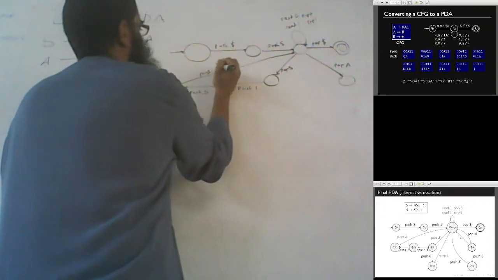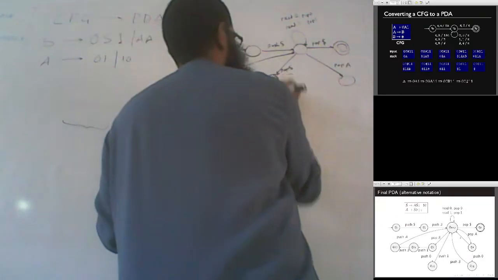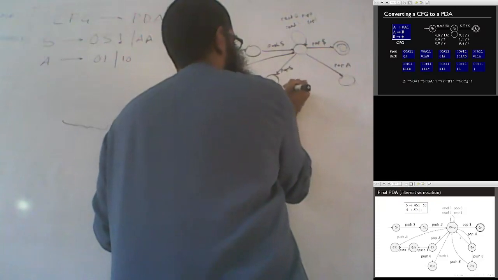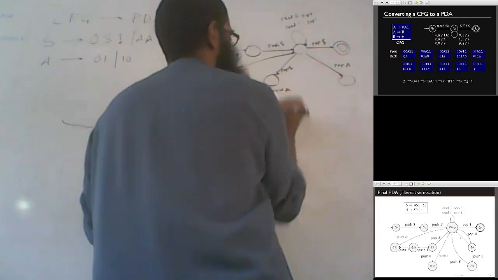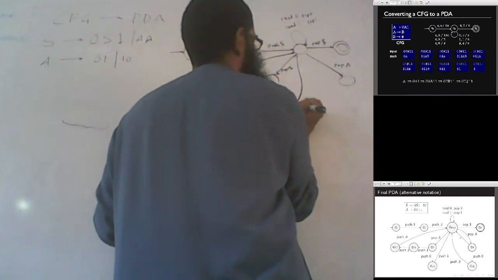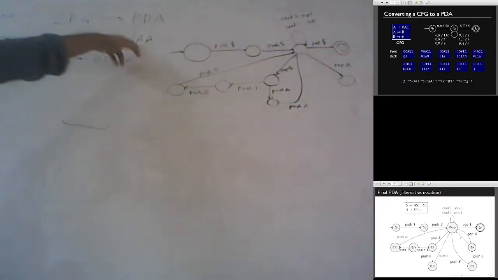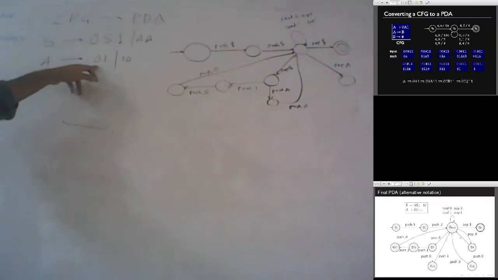The other rule is AA, so we can just push A, and then push A and go there. Alright, so we're done with the AA.